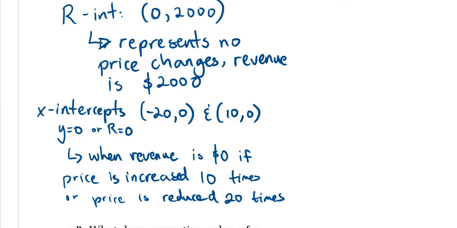Zero tickets, $0 tickets, free tickets basically. But if you increase it 10 times, so $10 more to $30, no one would be interested in purchasing tickets because it'd be too expensive. Okay.